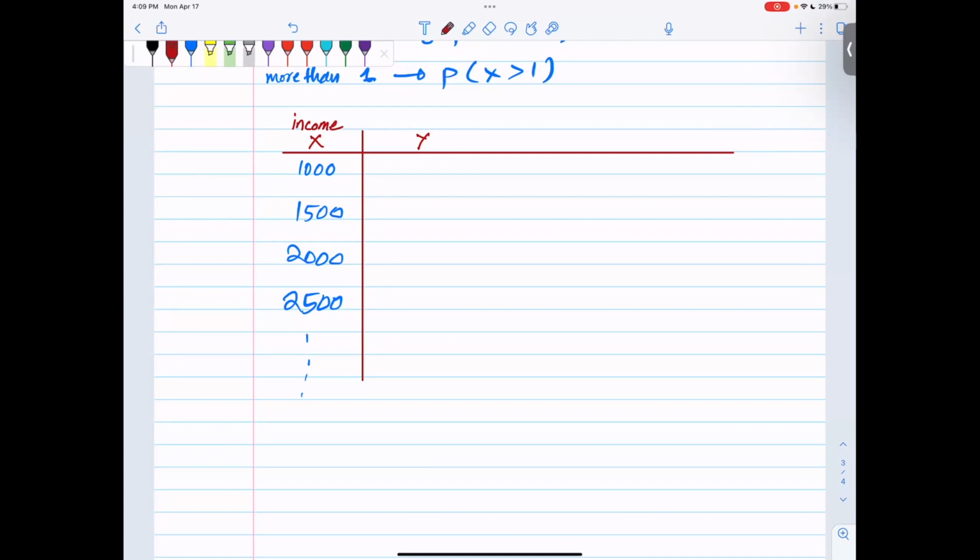For example, the first one has an income of 1,000, but he spent 950. Then we have someone who spent 900. And we have someone who lives with his family and spends almost nothing, 200. And one who has to borrow money and spends 1,200, and so on.